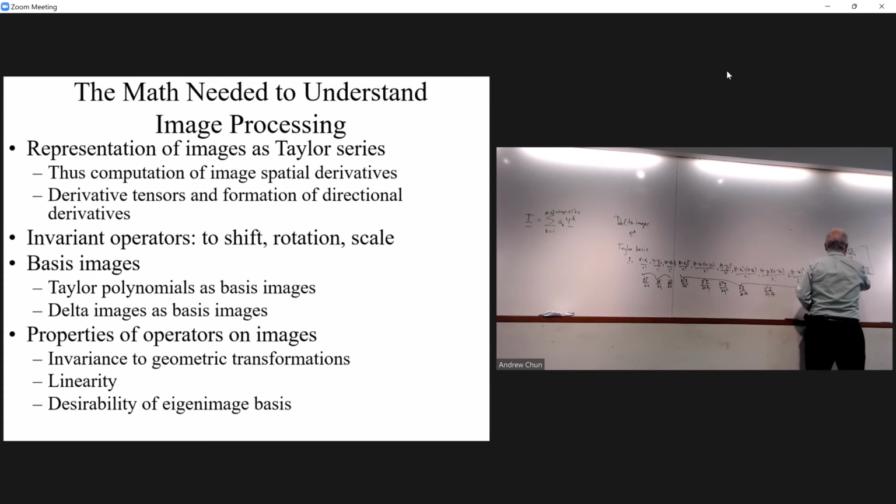We have that this is strictly d2I by dy dx, but because it's the same as this one, we can write that these two are the same.